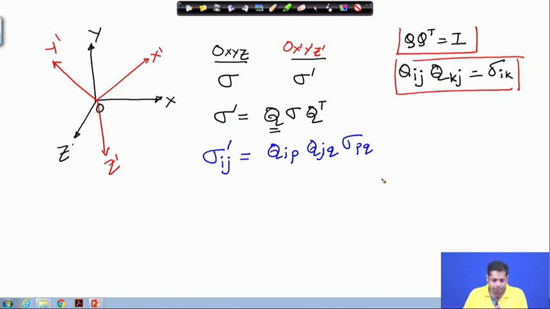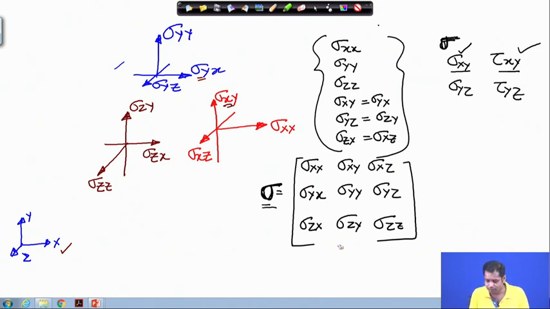You see, there are certain properties. When we write sigma as this, the stress at a given point is this. What does it mean? It means that the stress at a given point is expressed with respect to this coordinate system.